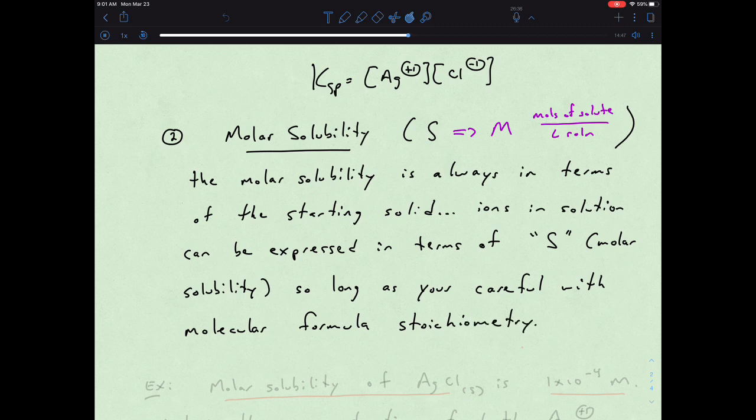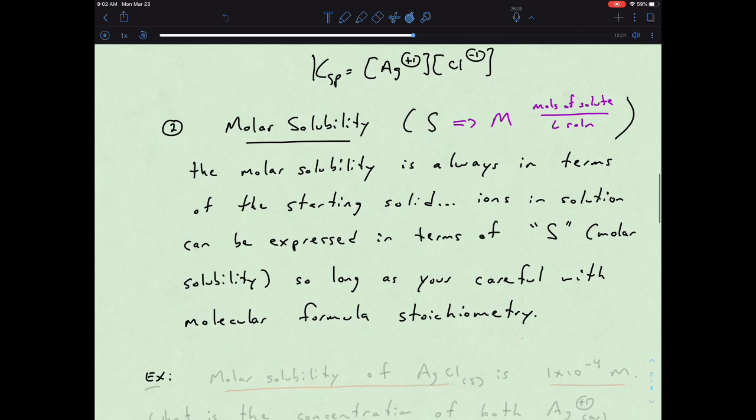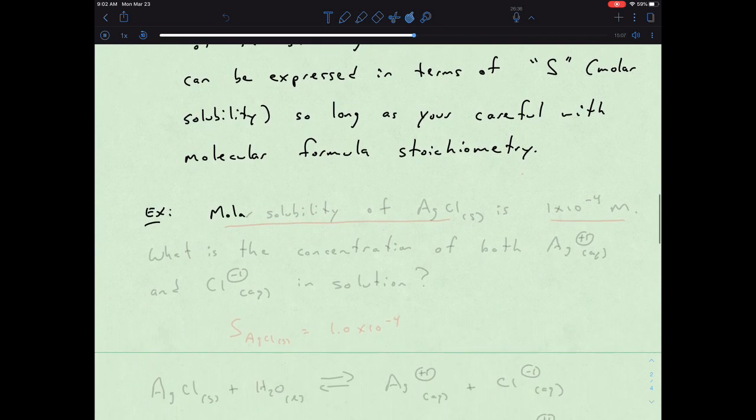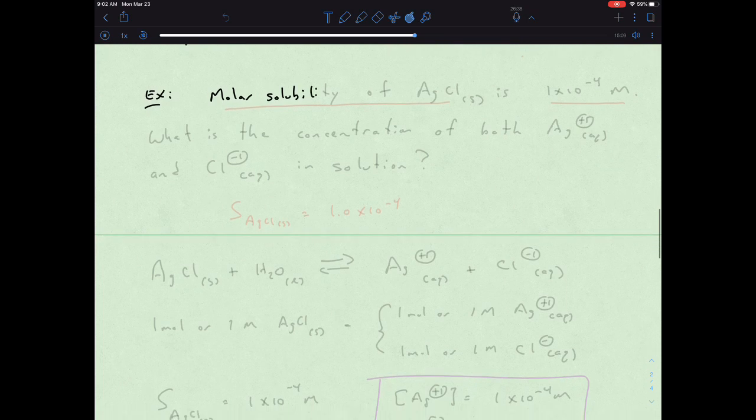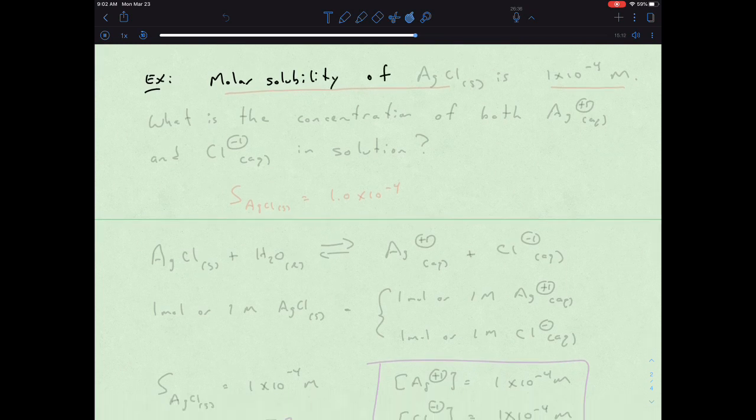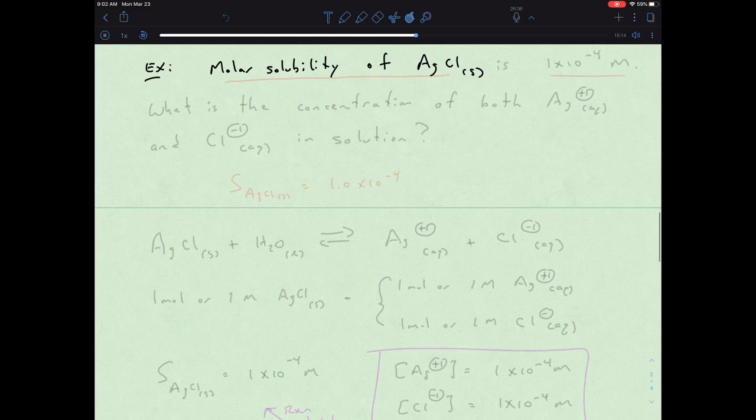So if we can continue this example of silver chloride. Let's say the molar solubility of silver chloride is 1 times 10 to the negative 4th molar.